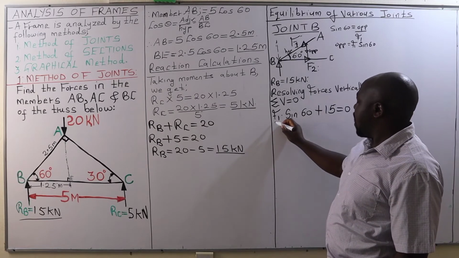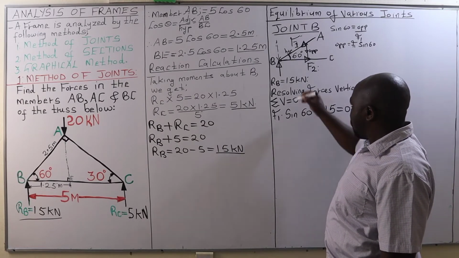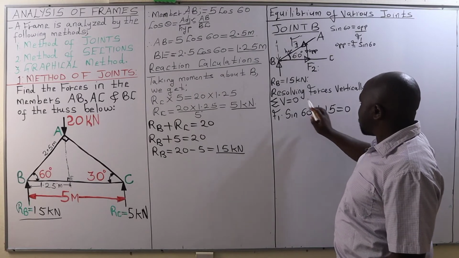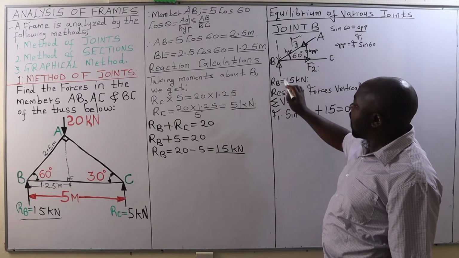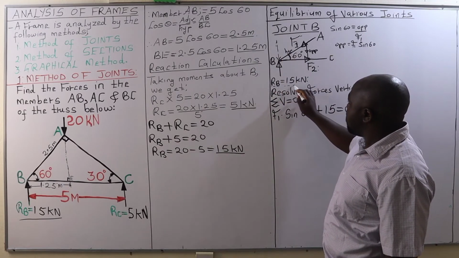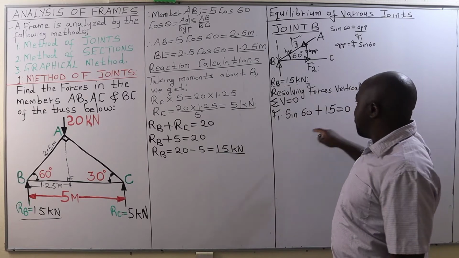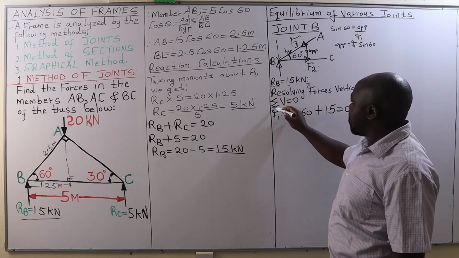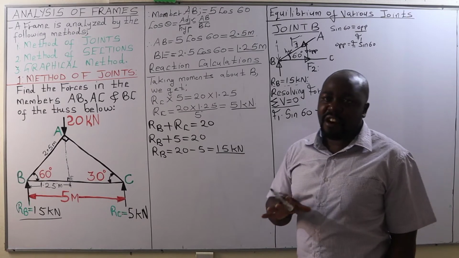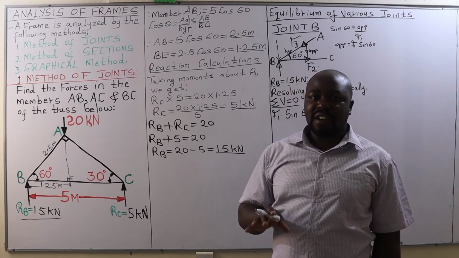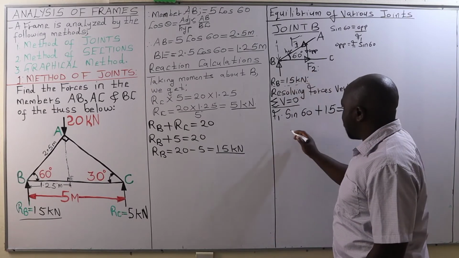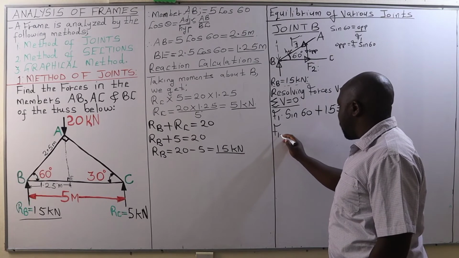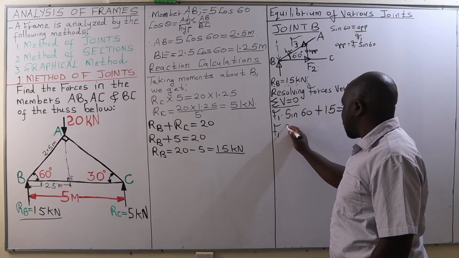So that is a vertical downward acting force plus the vertical upward acting force, the reaction at B, which is 15 kilonewtons, being equal to 0, applying the principle of summation of all the vertical forces being equal to 0.